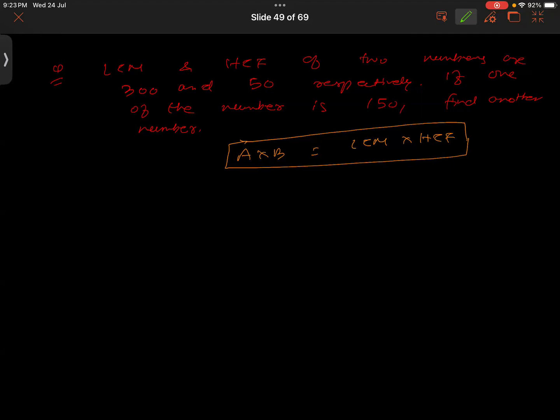The first number is, what did you tell? If one of the numbers is 150, you can either take A as 150 or B as 150. Take any number as 150.